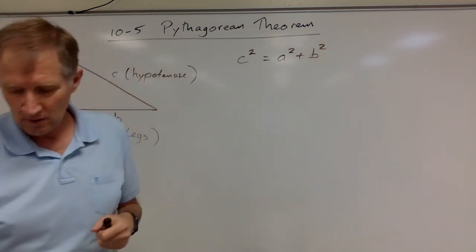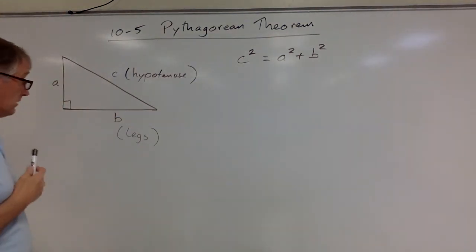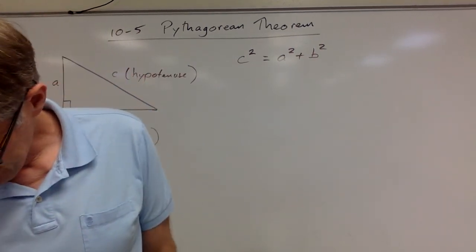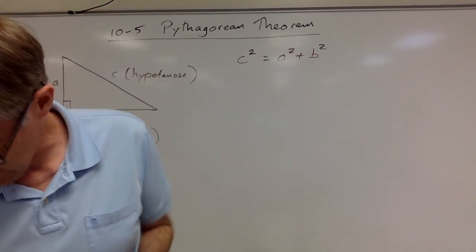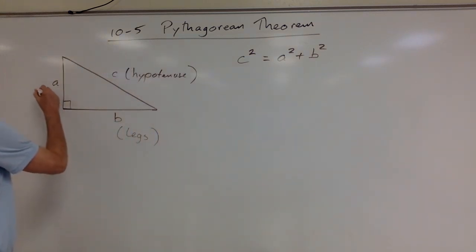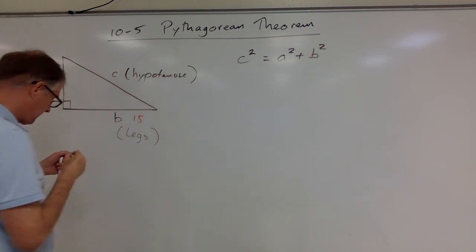So C squared equals A squared plus B squared. That is very useful. Let's say that we have a right triangle where A is equal to 10 and B is equal to 15.